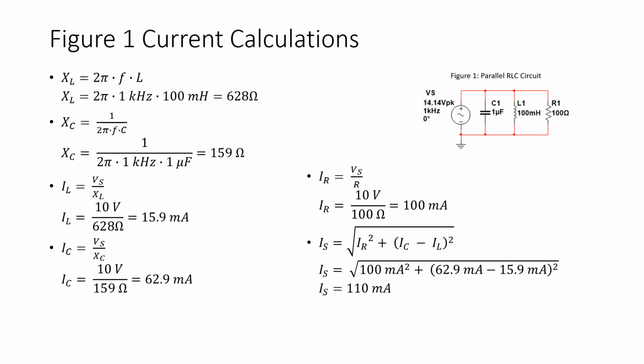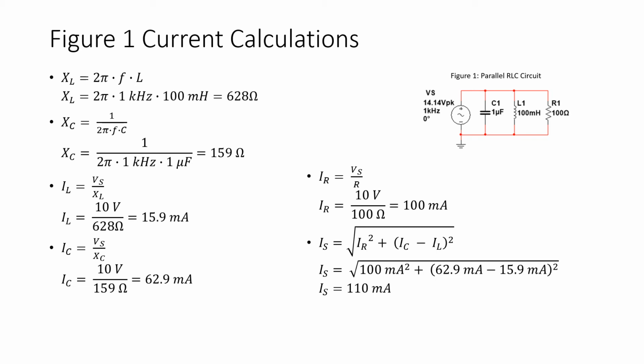Inductive reactance equals 2 pi FL. For the circuit of Figure 1, it is 628 ohms. Capacitive reactance is 1 over 2 pi FC. For the circuit of Figure 1, it is 159 ohms. So the current that flows through the inductor, Vs divided by XL, is 15.9 milliamps.